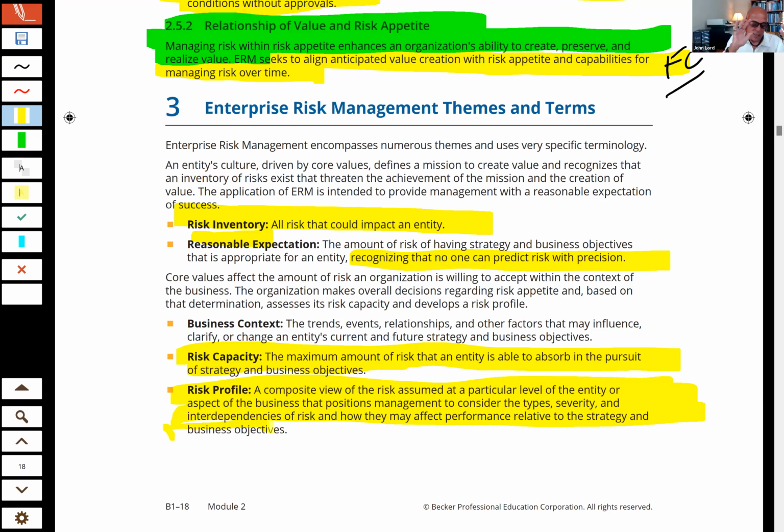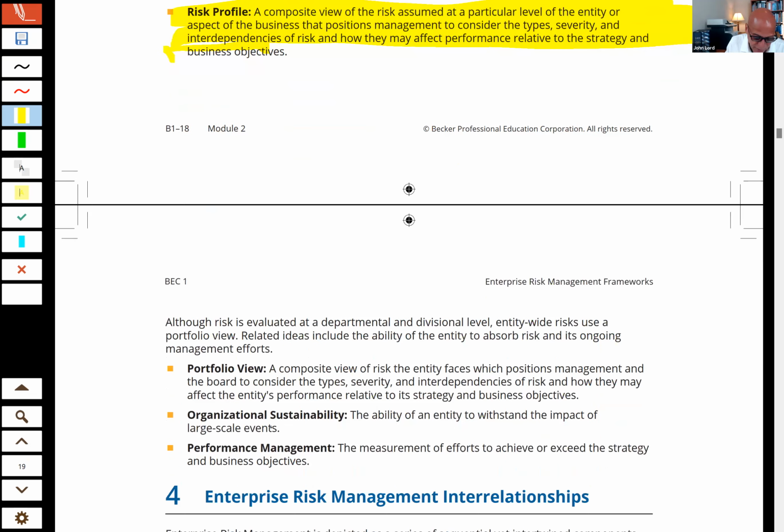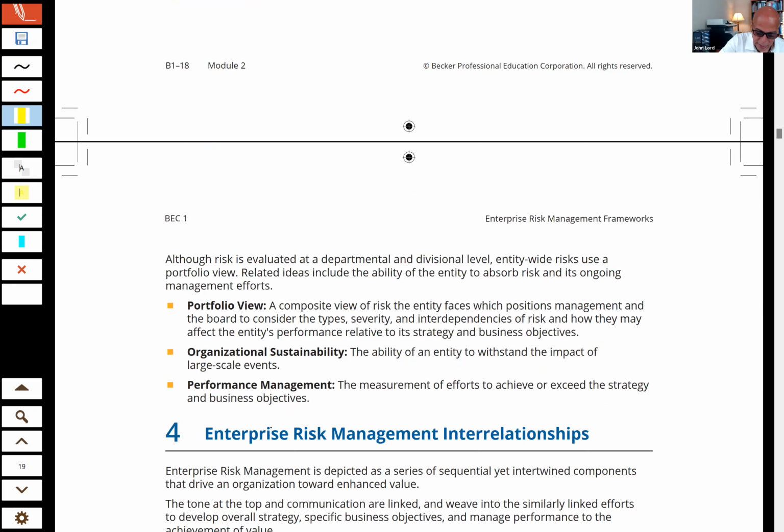So again, we have these risks, and we are trying to manage those risks in the pursuit of our various business objectives, our value. Now you come over, and risk is evaluated at a department and divisional level. Related ideas include the ability of the entity to absorb risk and its ongoing management efforts.